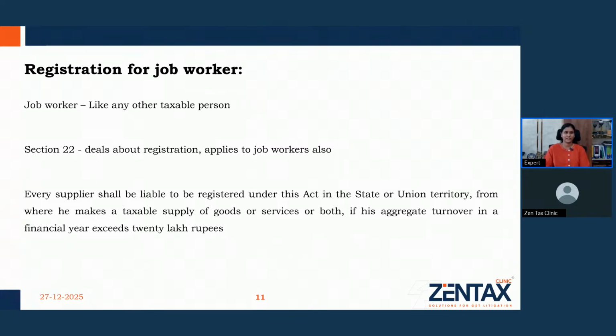As per section 22, every supplier shall be liable to be registered under this Act in the state or union territory from where he makes a taxable supply of goods or services or both, if his aggregate turnover in a financial year exceeds 20 lakh rupees.